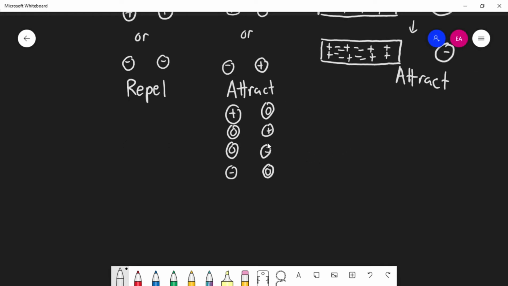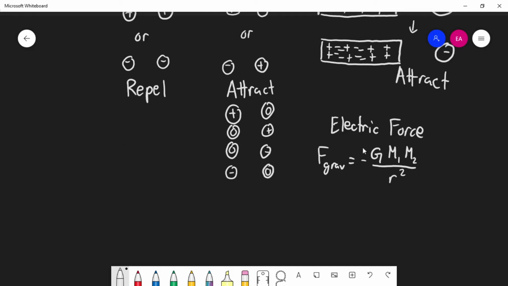Now, the reason why they are attracting or repelling each other is because of something we call the electric force. If you know the formula for Newton's universal law of gravitation, which is equal to negative G m1 m2 over r squared, it is similar to the electric force.